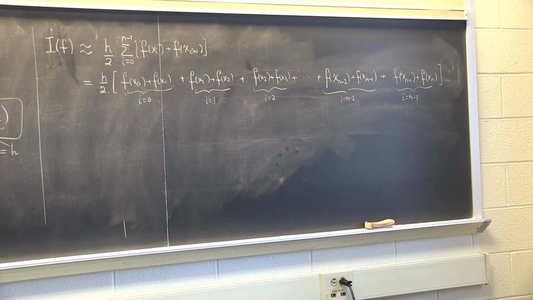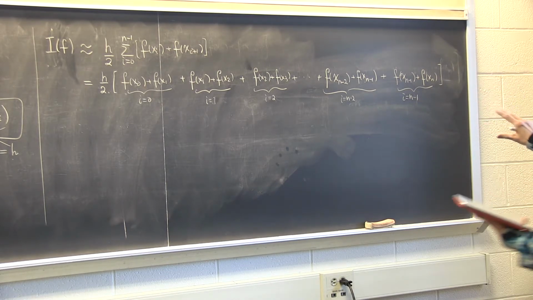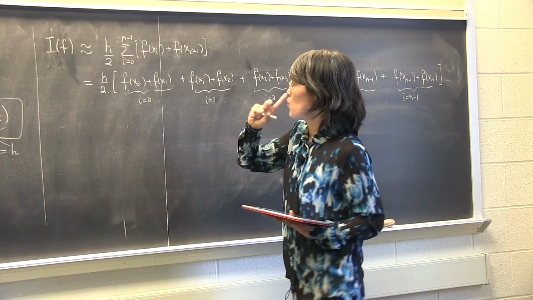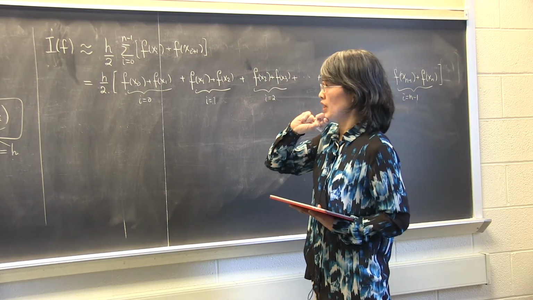We talked about, in the first week of class, that for many of these fancy functions, say even the exponential function, or sine or cosine, if that's your f of x, the computation to evaluate your f is going to be much more expensive than any of these additions. Remember? We talked about it. So when you are designing an algorithm, you want to be aware of saving your CPU time.